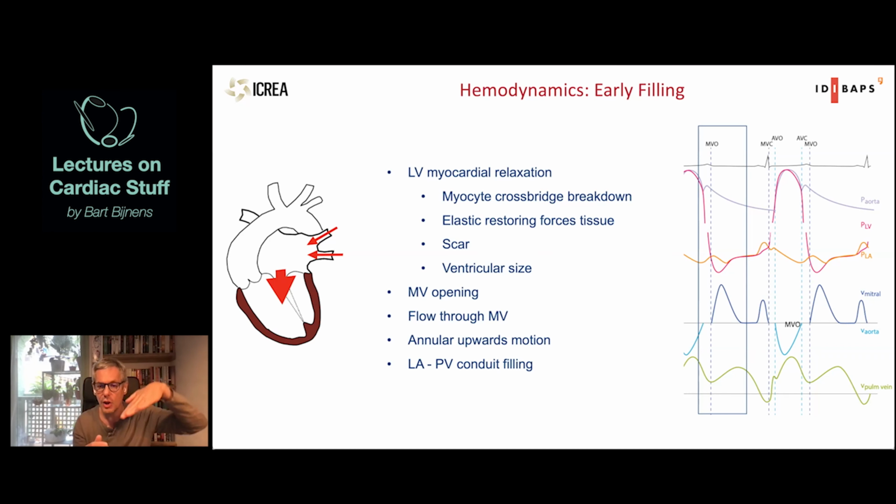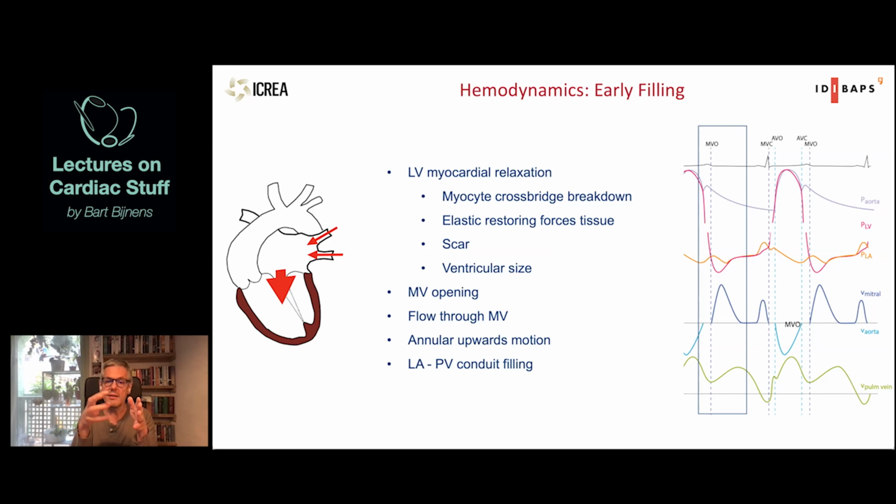If we have a very slow decrease in pressure, for example because the cross bridges are still connected, or because in general the tissue is very stiff, or there's not a lot of energy being stored in the spring of the myocardium, then we have a slow decrease of the pressure, and so our isovolumic relaxation period is going to lengthen.